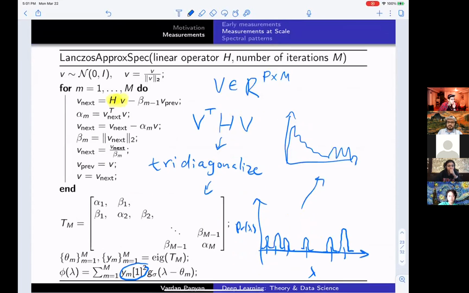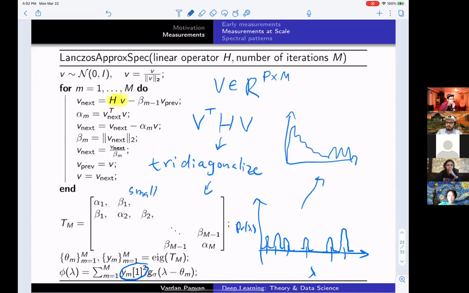But the most important thing to understand is that we're creating a basis V, or a partial orthogonal matrix. If you multiply this partial orthogonal matrix by H, you get a small tri-diagonal matrix. I should have added the word small, it should be here.